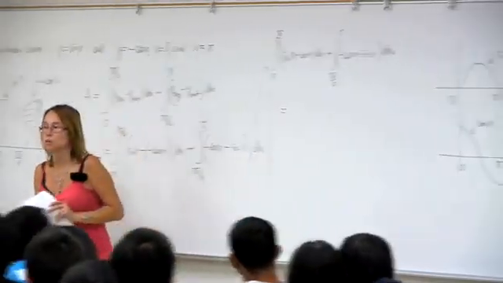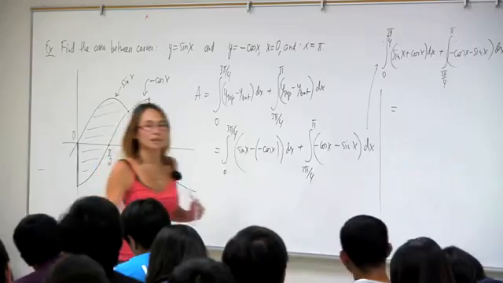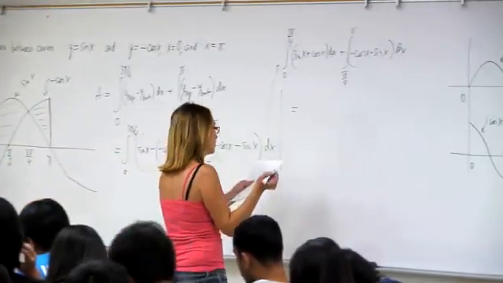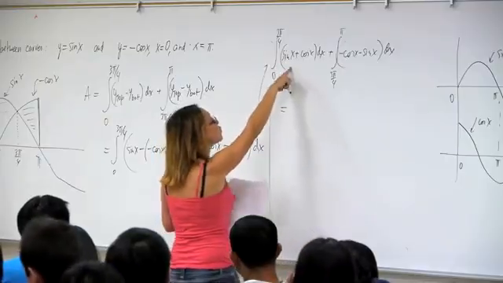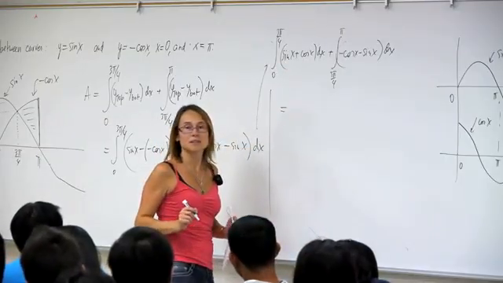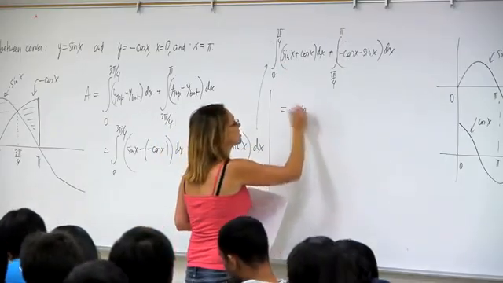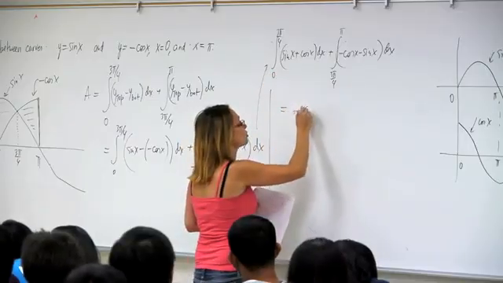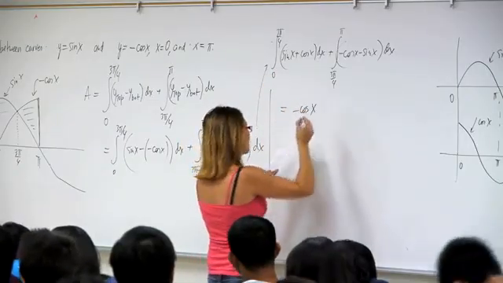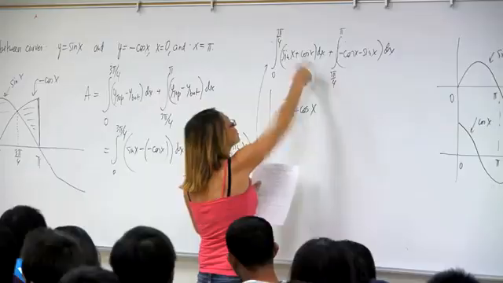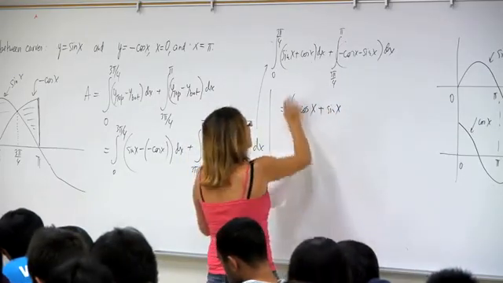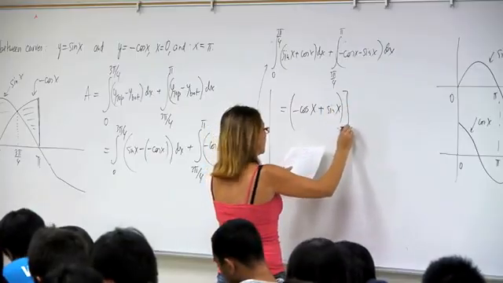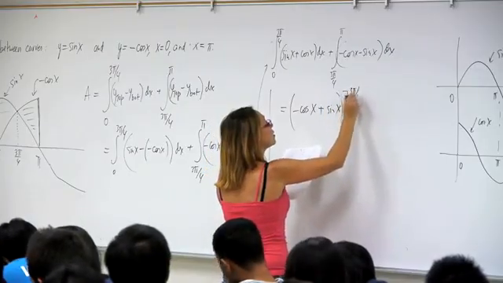I have to figure out the antiderivatives and then evaluate the limits. So what is the antiderivative of sine x? Negative cosine. Very good. So the most important thing from now is to not get confused with the sign. So that's negative. And the antiderivative of cosine is sine x. Okay? And that is evaluated between 0 and 3 pi over 4.